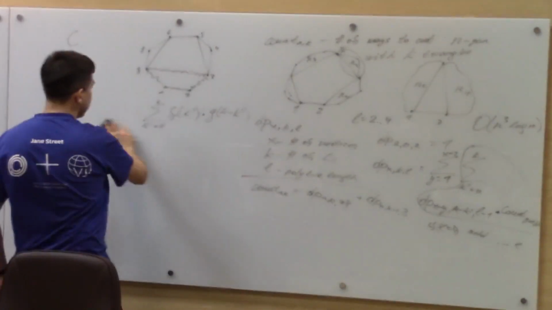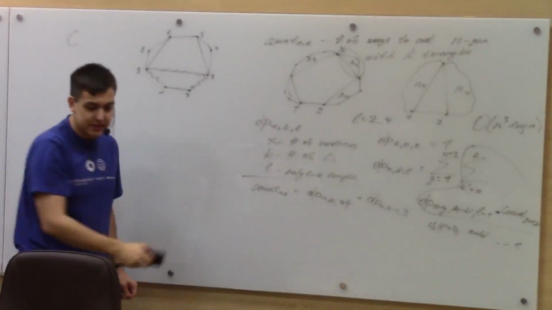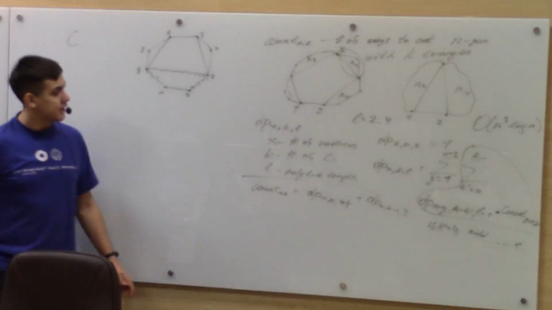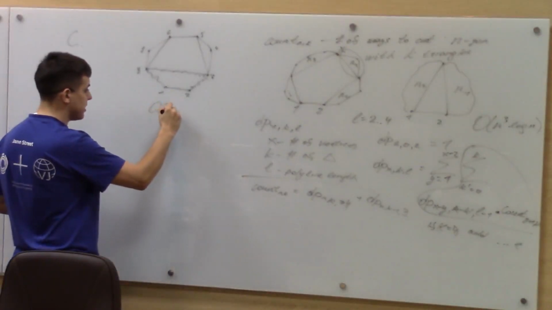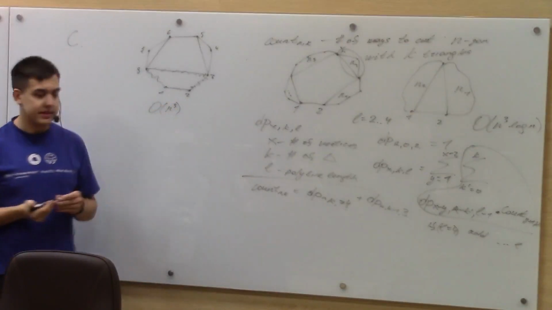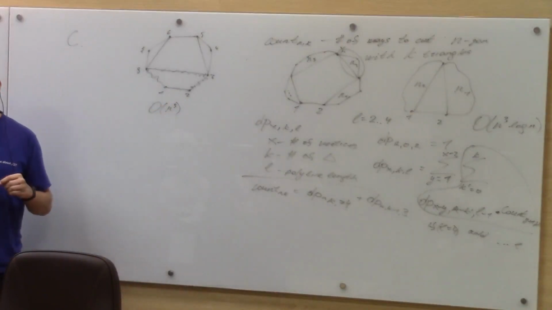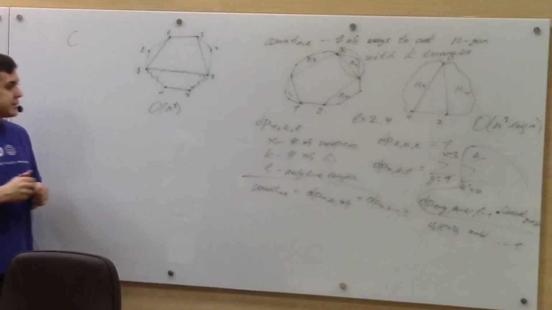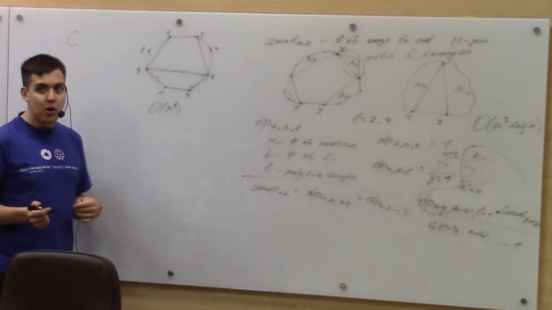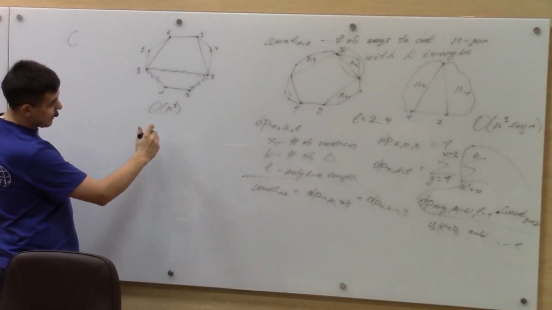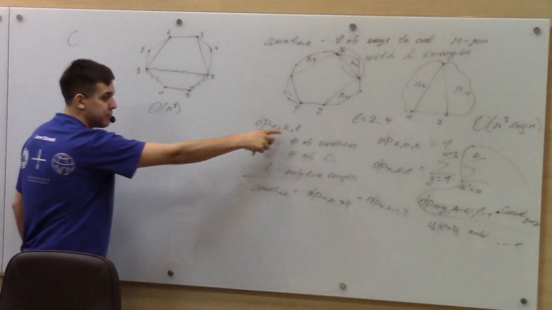But I love generating functions. So there is a solution in big O of n cube that involves generating functions. So instead of calculating this dp, we'll calculate our new dp that does not depend on k.